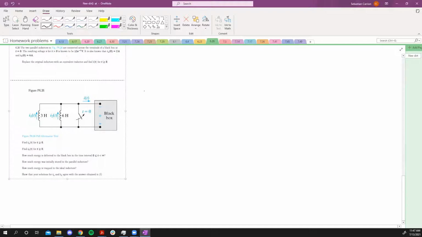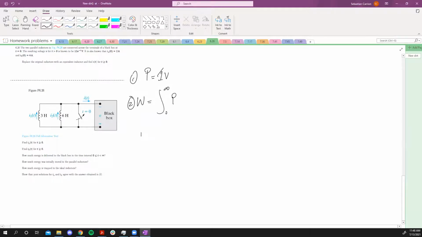To calculate the energy, our first step would be to calculate the power, and then our second step would be to calculate the work, which is the integral of the power.